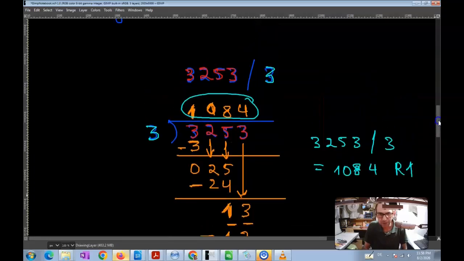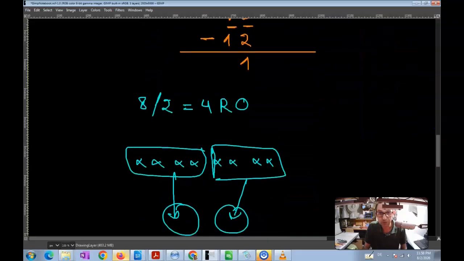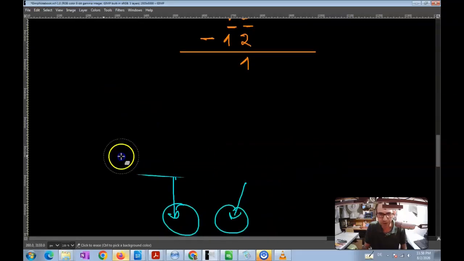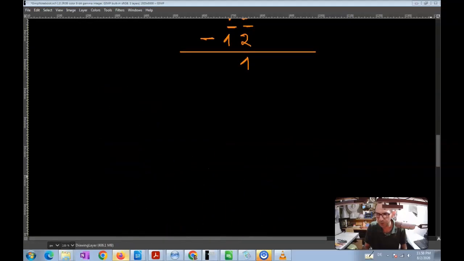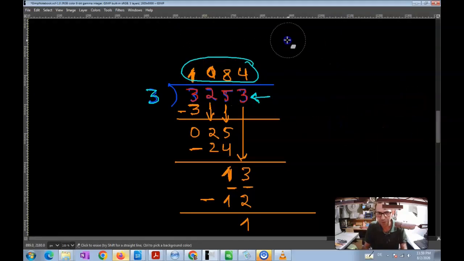There is one more thing that I need to tell you about this operation, and that is the names of these numbers over here. In every division operation you have this number over here, this number, this number, this number, and this number.